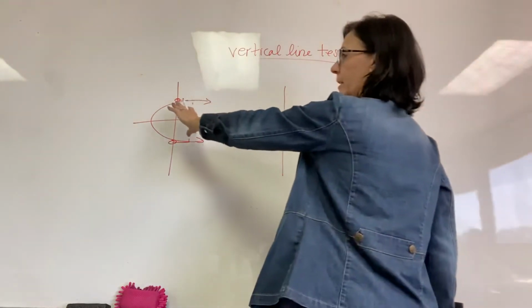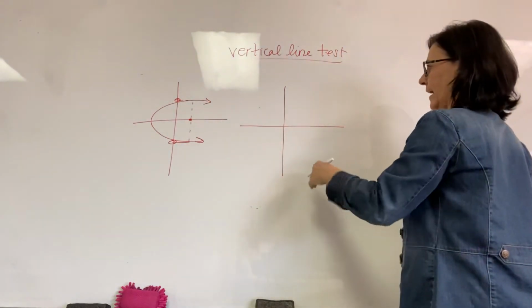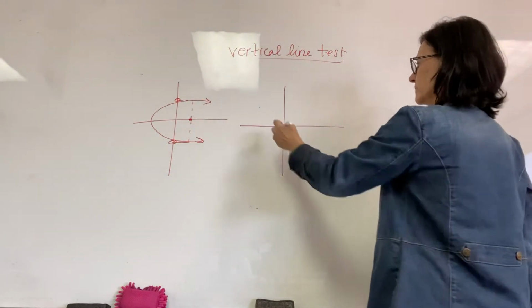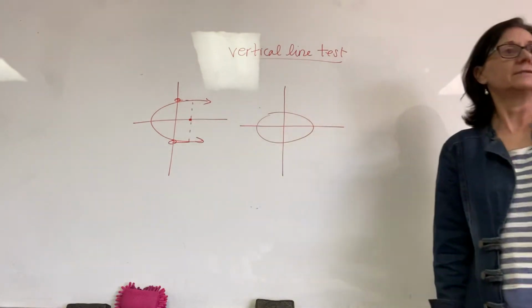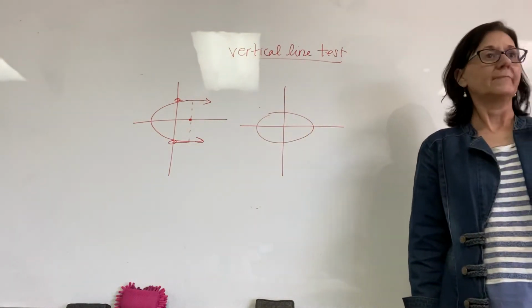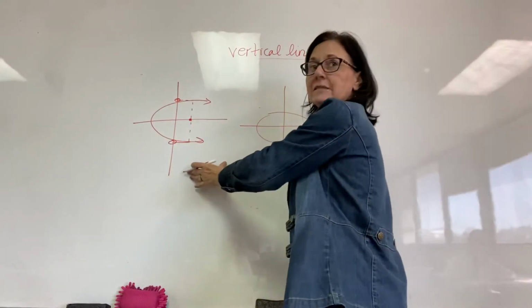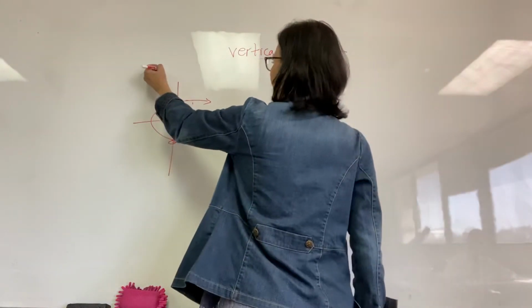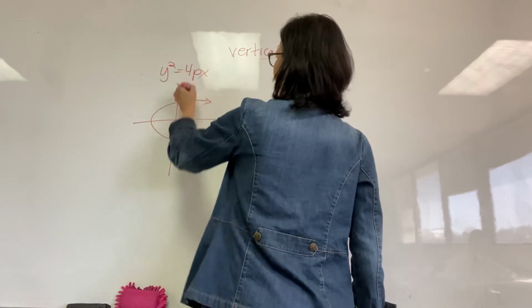This is a parabola that opens left or right. All of our parabolas this year will open up and down. Next year, they'll open left and right. Here's an ellipse. Not a function. Okay, so let me show you this. The equation of this function is y squared equals 4px.